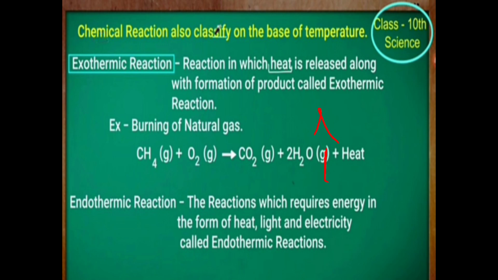I hope you are clear with this concept of chemical reactions classified based on temperature: exothermic and endothermic. Exo means to move out. Endo means taking in. So with this, we complete chapter number 1 of our class 10 science textbook.